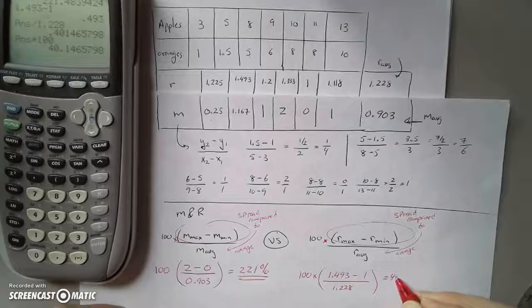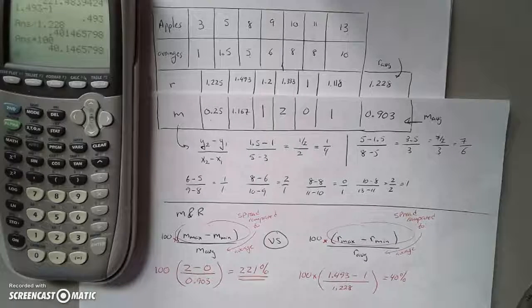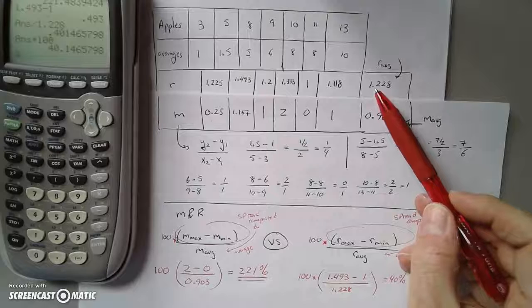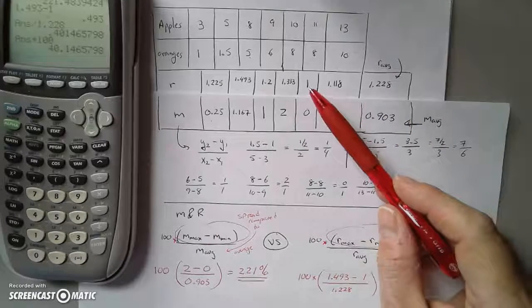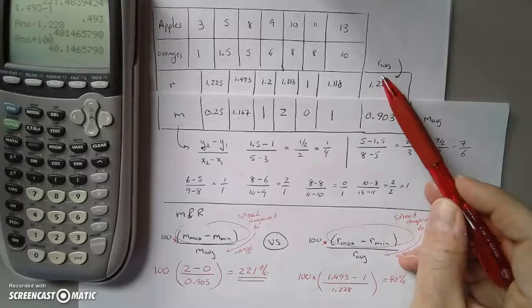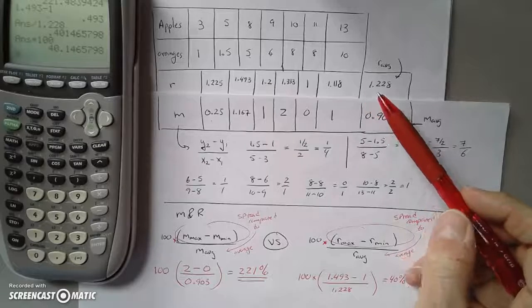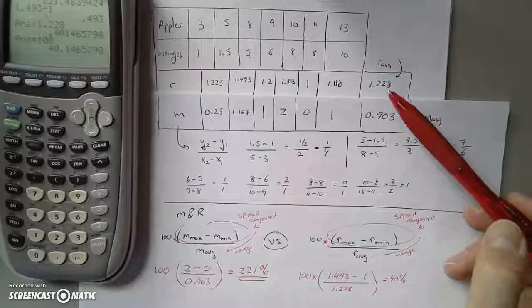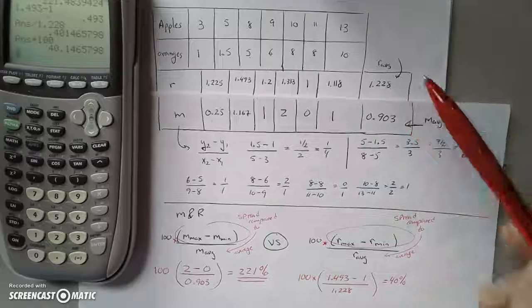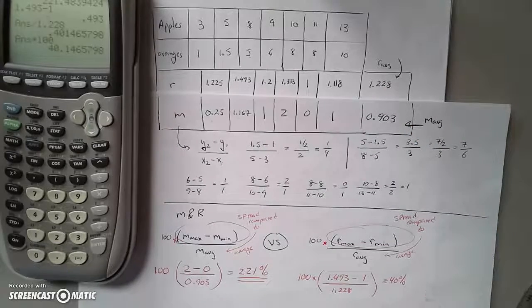And this is 40%. Does this make sense? Well, the middle is 1.2. The smallest r value at 1 is only a piece of this, maybe about a quarter or so of it. And then the largest value at 1.5 is again about the same distance away. So 40% seems pretty reasonable.